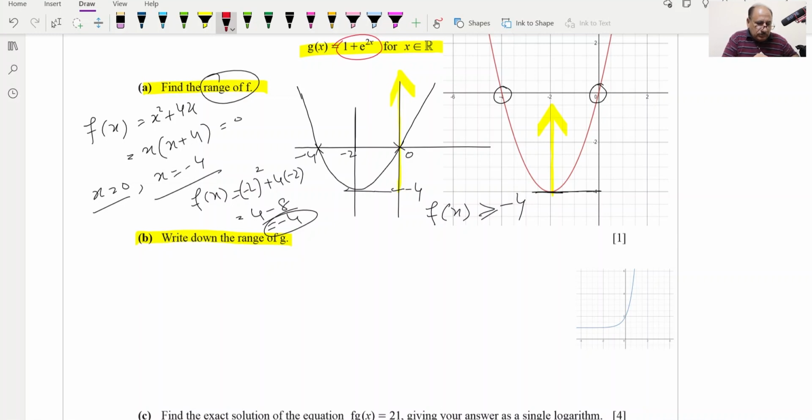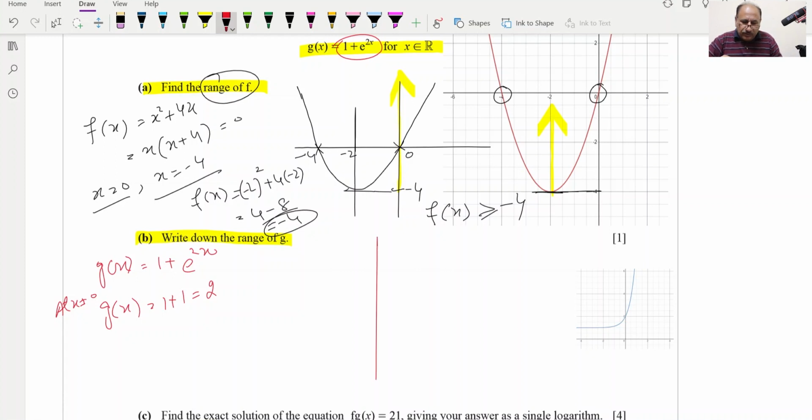If we take, for example, x equal to 0, we will get g of x equal to 1 plus 1, which is equal to 2. So we can roughly sketch the graph like this one, and this will be over here.